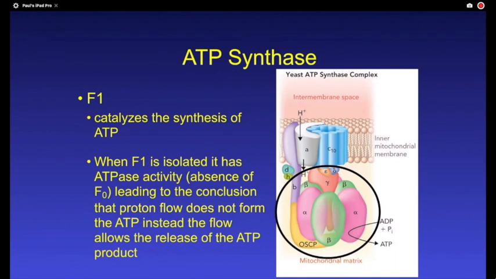The F1 segment, when you isolate it by itself, just that portion, it works as an ATPase. It will break down ATP, and for a long time that kind of led researchers in the wrong direction.